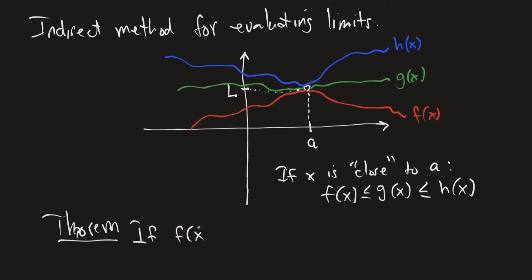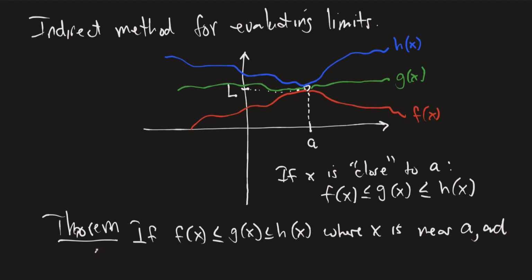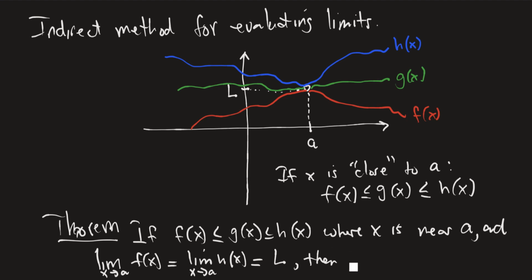So if our inequality is true, right, whenever we're close to A, where x is near A, and if we know that the limit as x approaches A of f of x is the same as the limit as x approaches A of h of x, which is equal to the constant value L, then the conclusion is, let me write it in limit form, then the limit as x approaches A of g of x, the function in the middle, the one that we really want, that has to be equal to L, right?